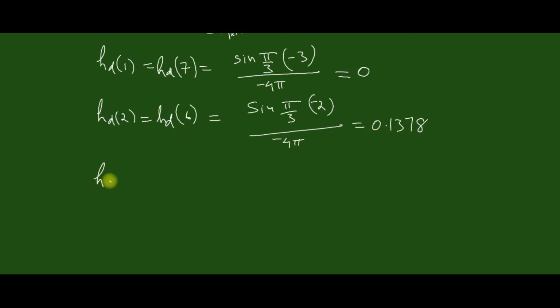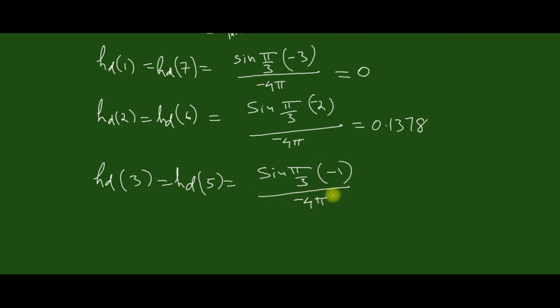Then hd of 3 equal to hd of 5, which is equal to sine pi by 3 into minus 1 divided by minus 4 pi, which is equal to 0.2757.